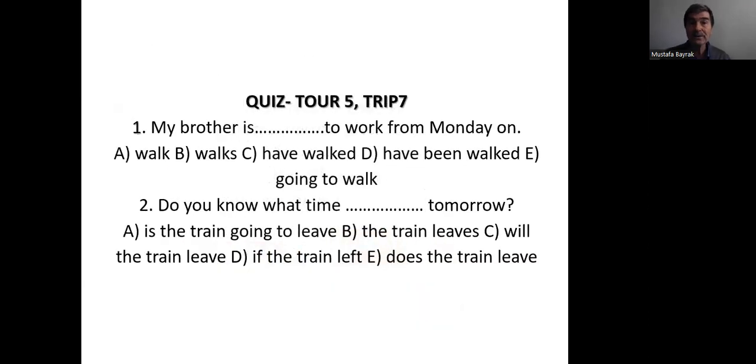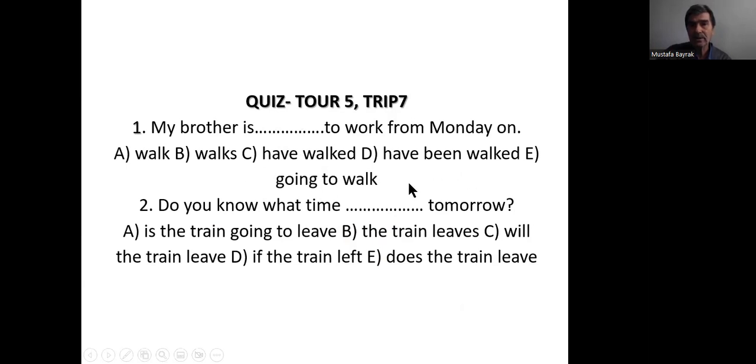Okay. Now quiz tour 5, trip 7. My brother is blank to work from Monday on. Walk, walks, there is. We cannot choose A and B because is requires verb ing. So my brother is have, no, C. A is incorrect, B is incorrect, C is incorrect.